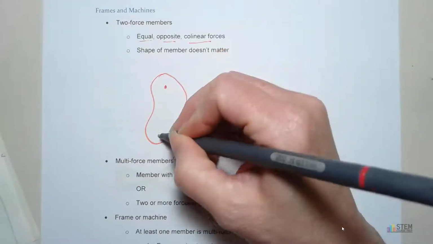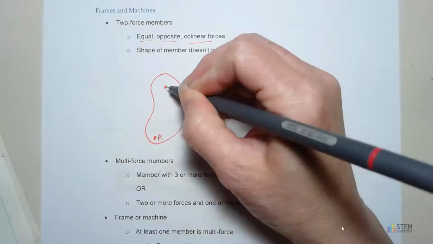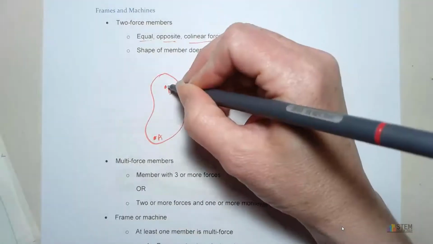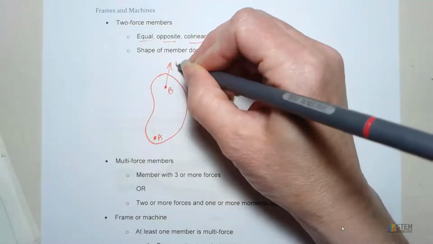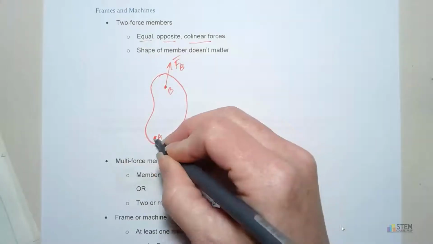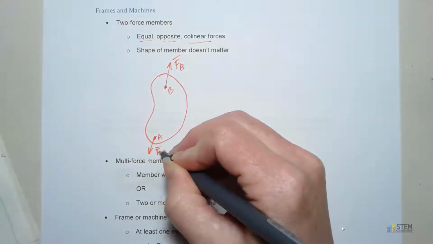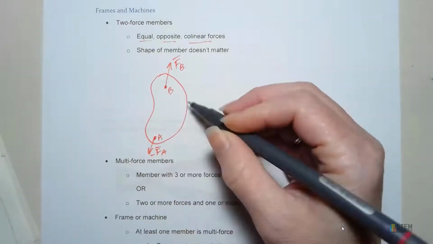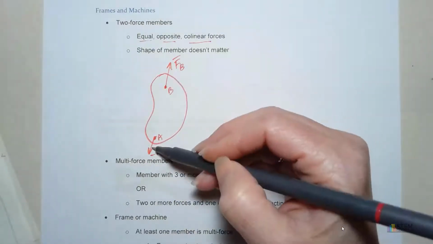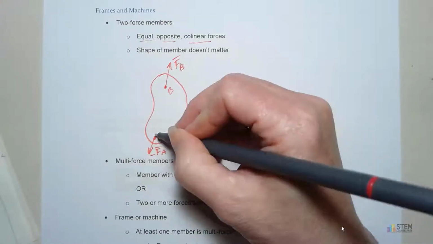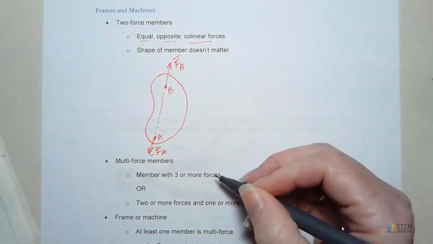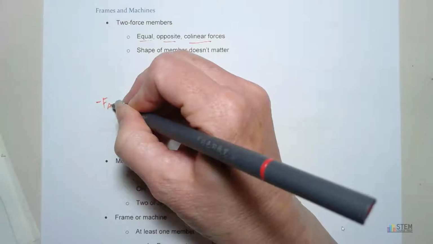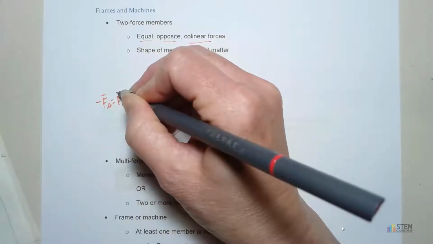We could have a point B here and a point A. And if this is a two force member, we would have FB and then we'd have FA. Right? So we'd have this. Now these are equal and opposite in direction, and they're collinear because they're on this same line. All right, so negative FA equals FB.